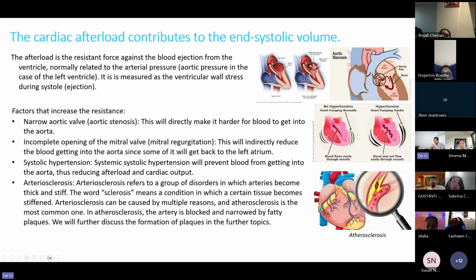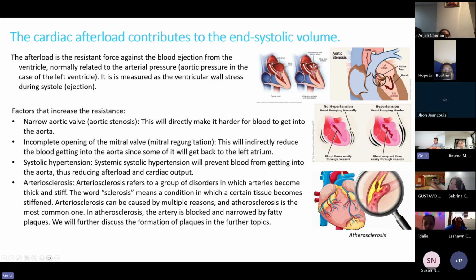One thing that happens inside the heart is the valves. We mainly focus on the mitral valve and the aortic valve in this lecture. So here I'm showing the left ventricle. When the left ventricle contracts, if the mitral valve, the valve between the left atrium and left ventricle, cannot close completely, then some of the blood will come back to the left atrium.